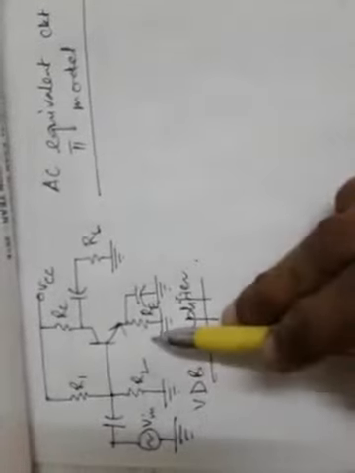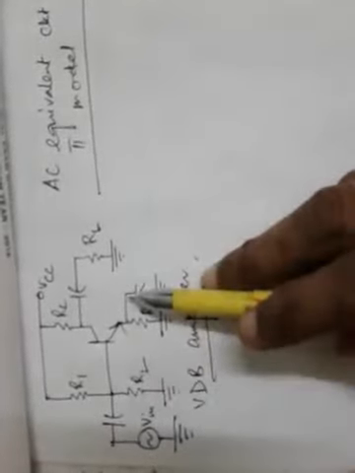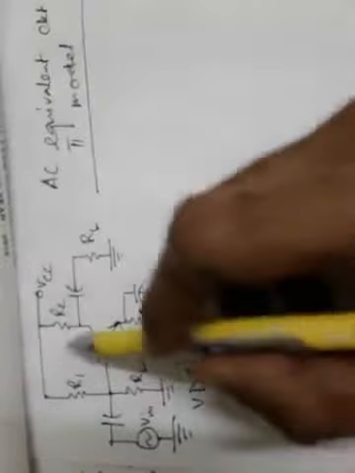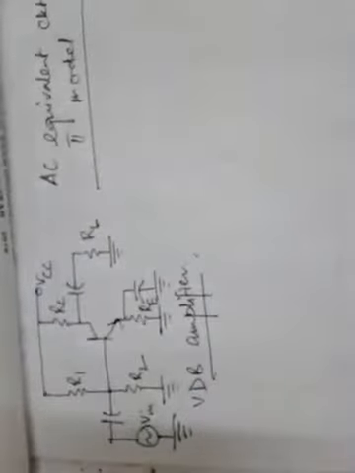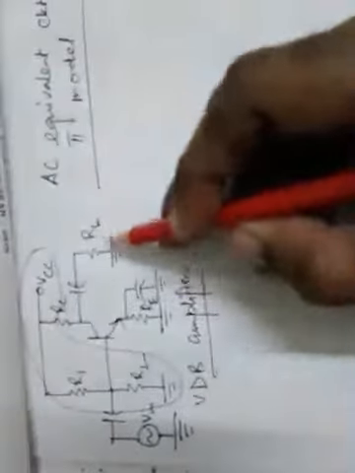Let us divide this as usual for base bias circuit. Let us divide this circuit into two loops. One is the input circuit or input loop comprising this area, VCC, R1 and R2, the voltage divider part, and the output area, that is RC, RL, and this RE.